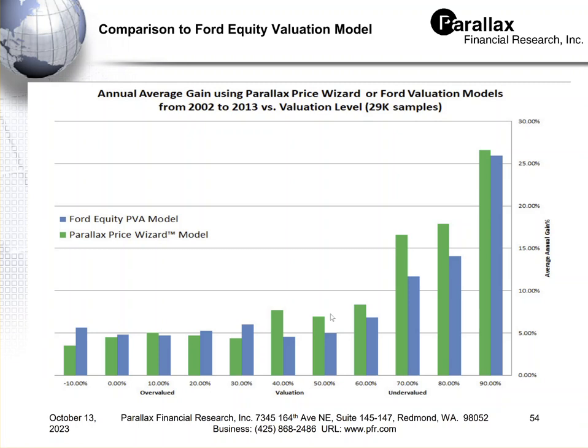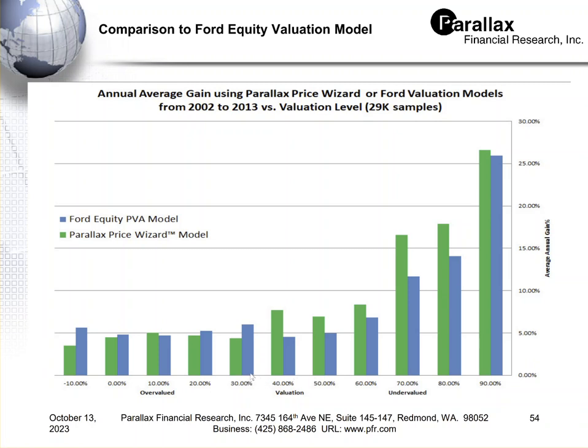So how does it compare to discounted cash flow? The Ford Group uses a discounted cash flow model, and they do very well. They've got a big market share of people using it. So this is a graph of how overvalued or undervalued a tranche of stocks are. In this case, we used the S&P 500 from 2002 to 2013. It's about 29,000 samples in here. The blue bars on the right show the average annual gain for that tranche of stocks that meet this criteria.